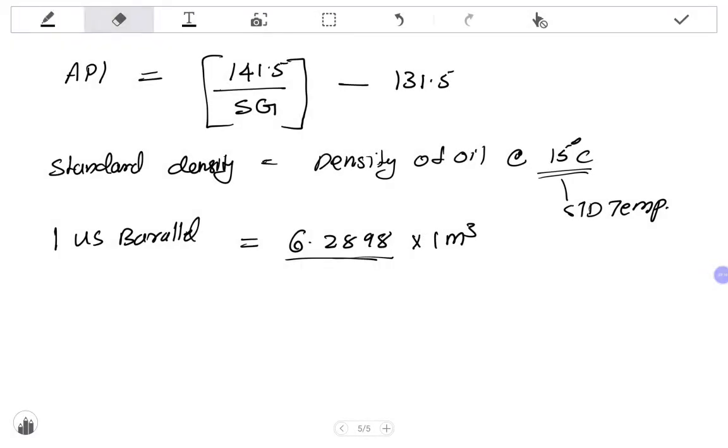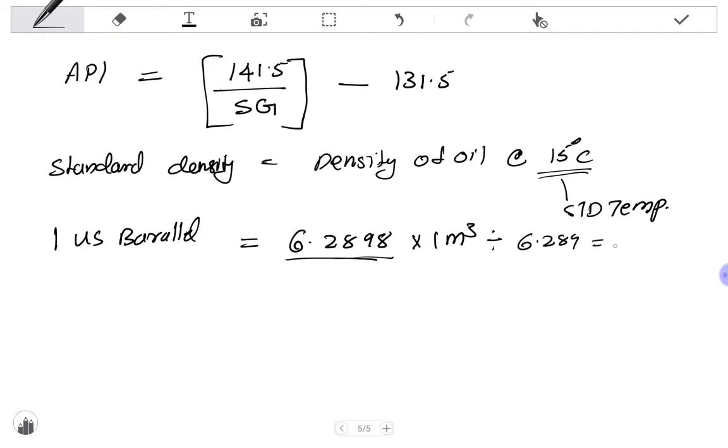I'm sorry guys. I just checked online and checked the blog again. This is wrong. I sent a mail to that captain also to correct it. It is actually 1 US barrel is equal to 1 metric cube divided by this value, 6.289.